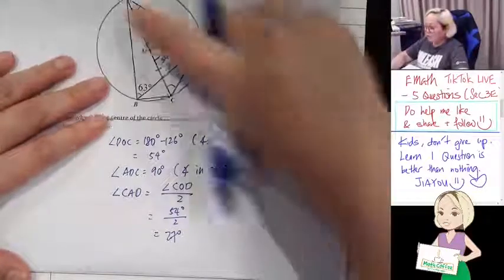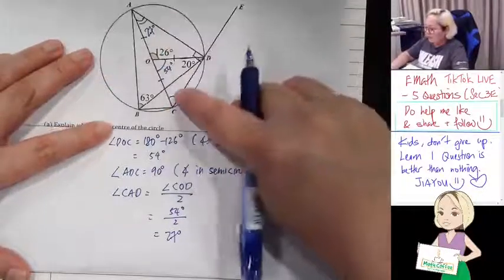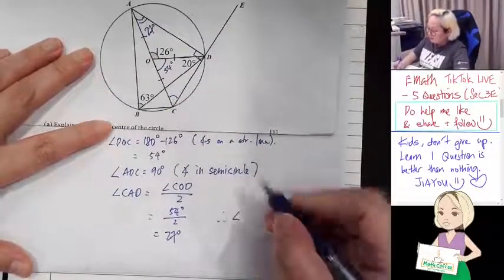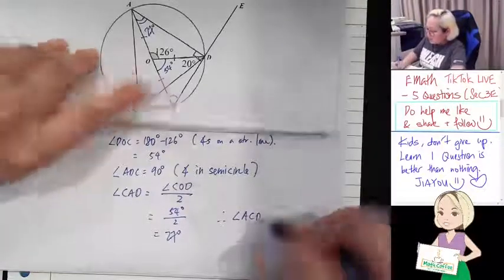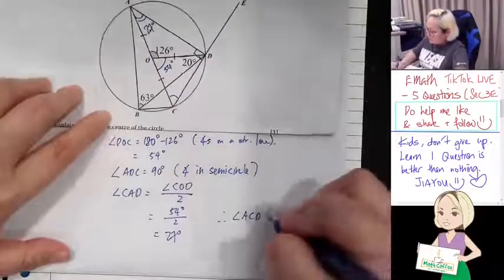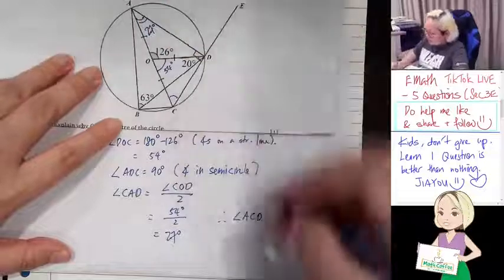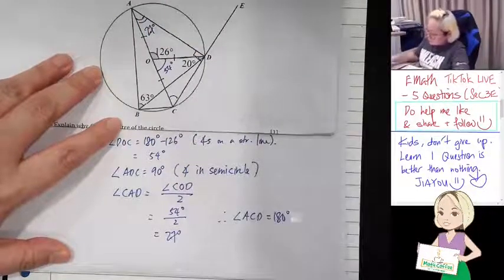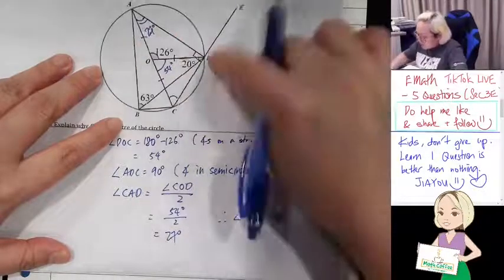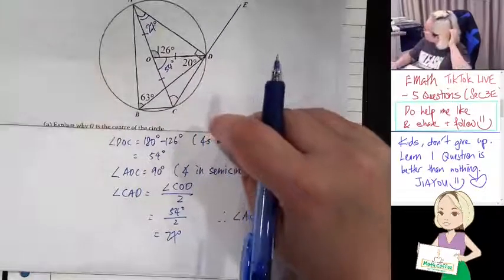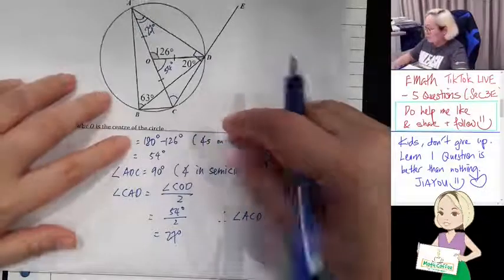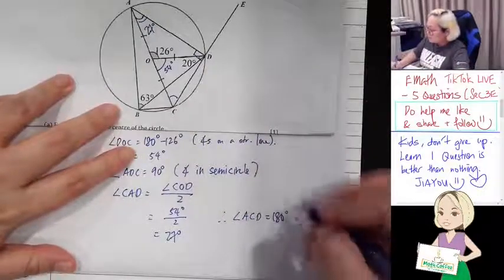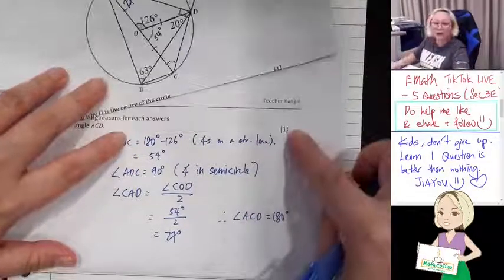Okay, so this is a triangle. I can find this angle already. Therefore, angle ACD, which is the one they asked me to find, will equal 180 minus... Ayo, I realized I went a long way. I found a short way already, but never mind, let me just complete this working because I was looking at it for 1 mark.